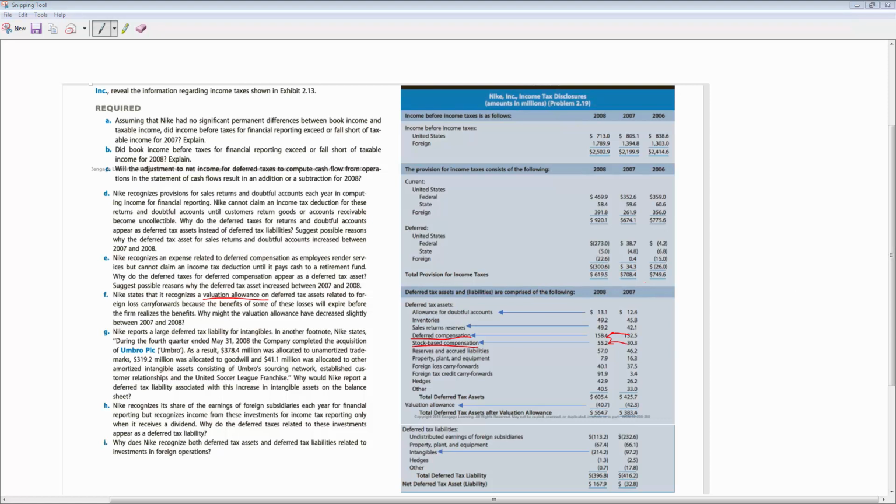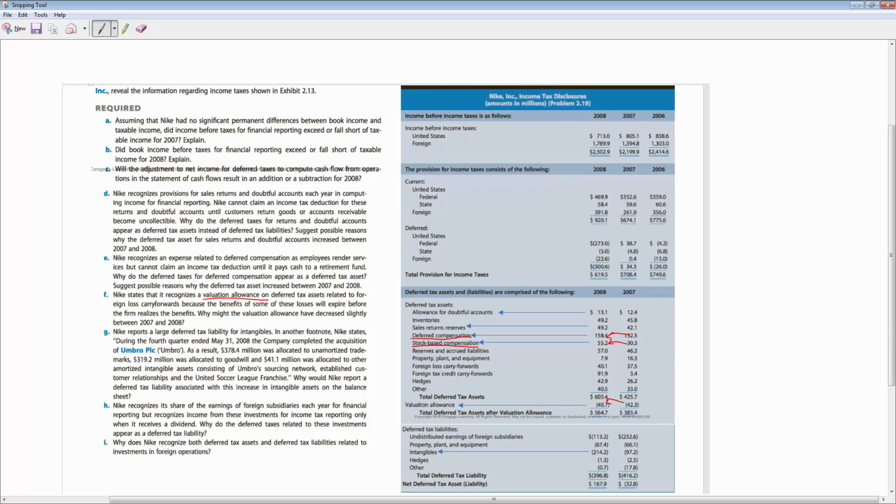So what we find is the valuation allowance decreased a little bit, right? A 1.6 decrease from the prior year. So this slight decrease indicates Nike's greater confidence that there is a reduced probability of not being able to realize the benefit of these tax loss carry forwards.